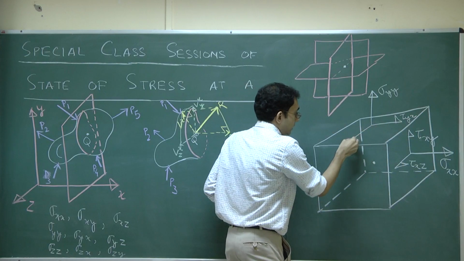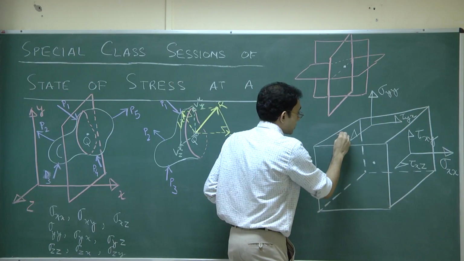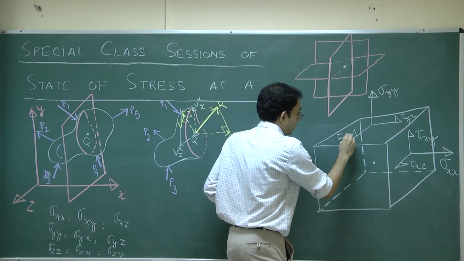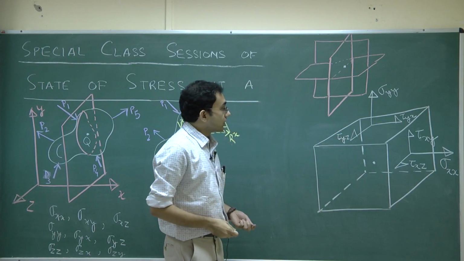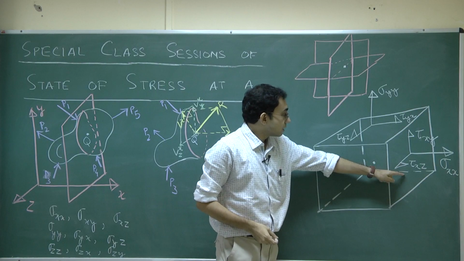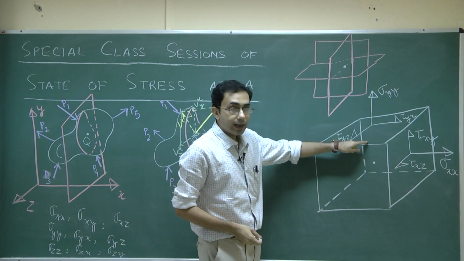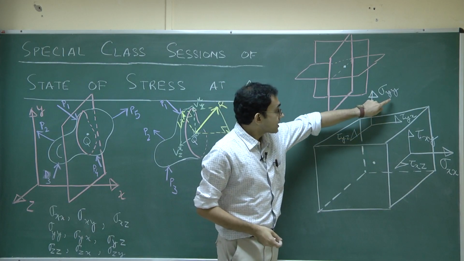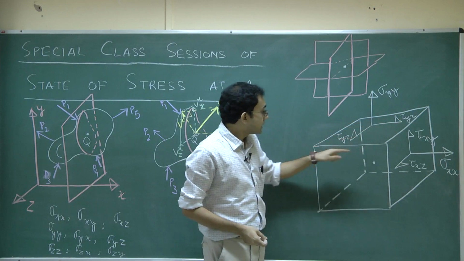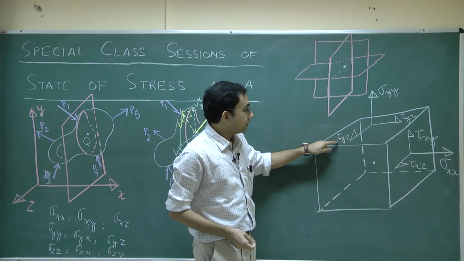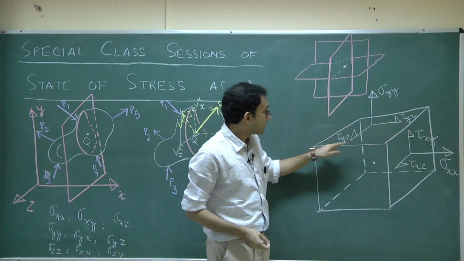And finally, we would have a shear stress component, tau yz. You please note that just like in this surface, on this one the outward normal is along the y direction, which is why the first subscript in each of these 3 stress components is y. Here it is y, here it is y, here it is y.